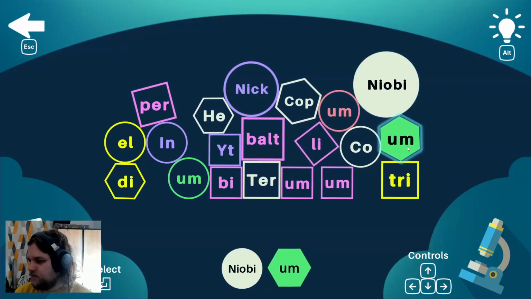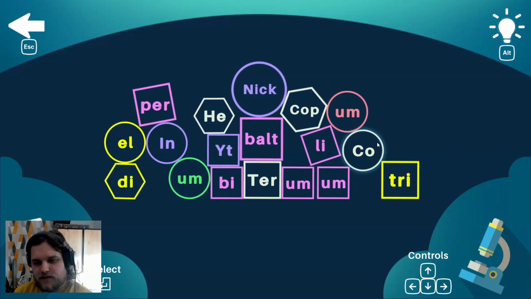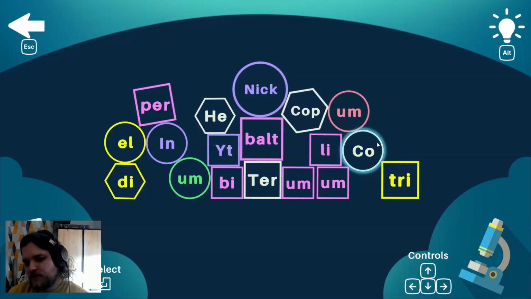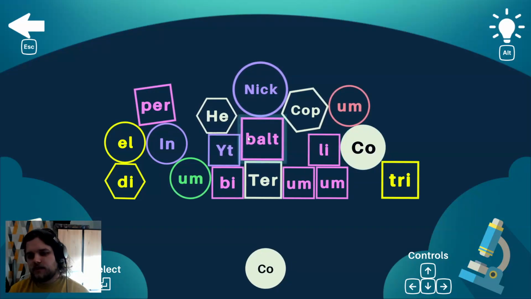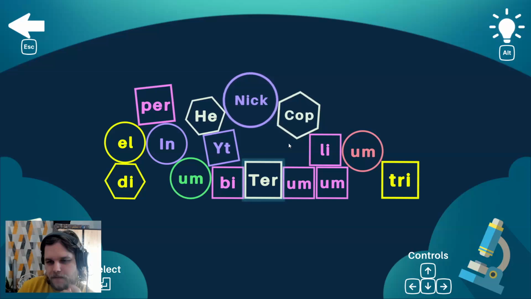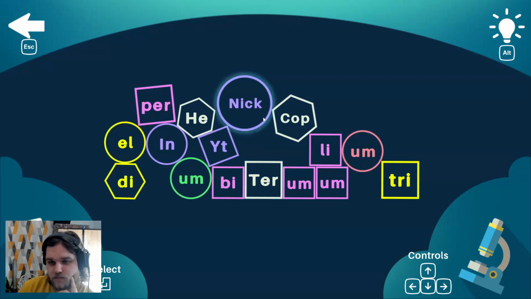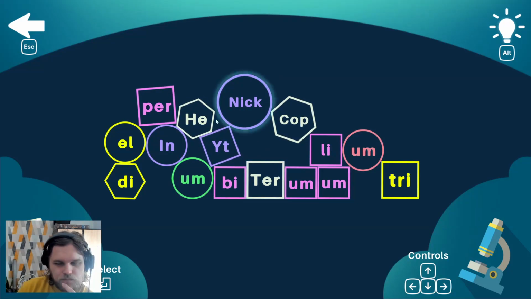Okay. Just like further 4th level and already quite complex when it comes to the science. Cobalt. Cobalt. Nickel maybe? Do I have L somewhere here? Helium.